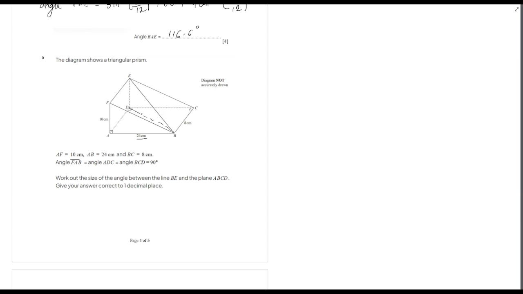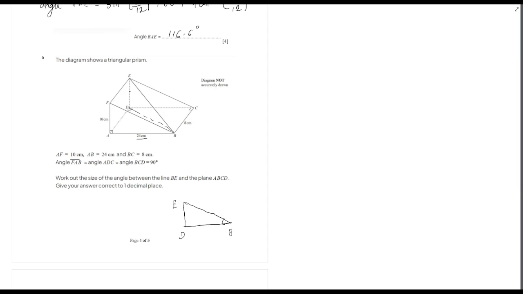So you have to find the angle between BD and BE. Let me redraw this triangle. Let us consider this is point D, this is point B, here I have point E, and this is the angle which I need to find out.